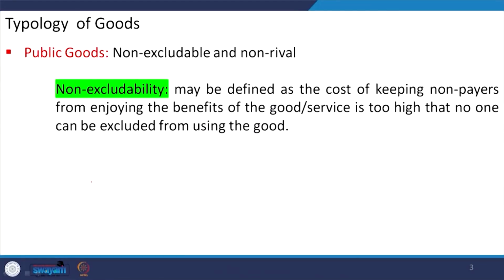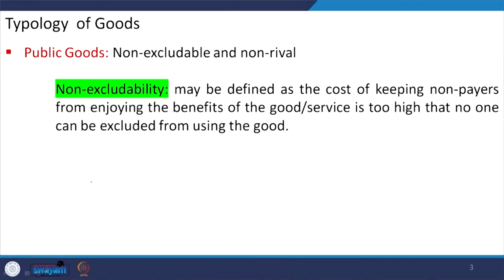So, what is non-excludability and what is non-rivalness, and how would these two concepts be helpful in explaining and defining public goods? In a general sense, non-excludability may mean that if a particular consumer is consuming a good and is not forbidding a second consumer from consuming the same, then there is no problem.